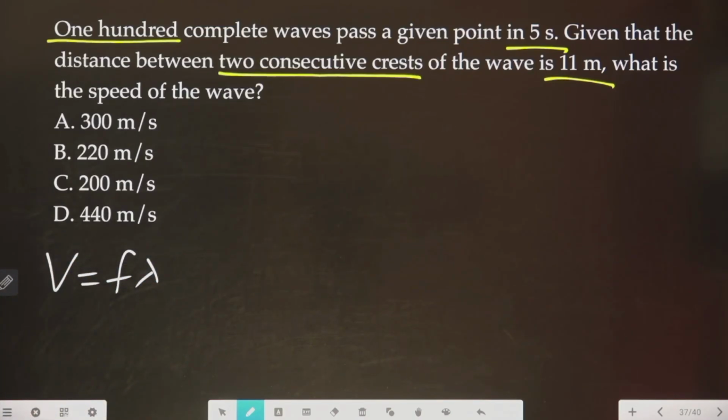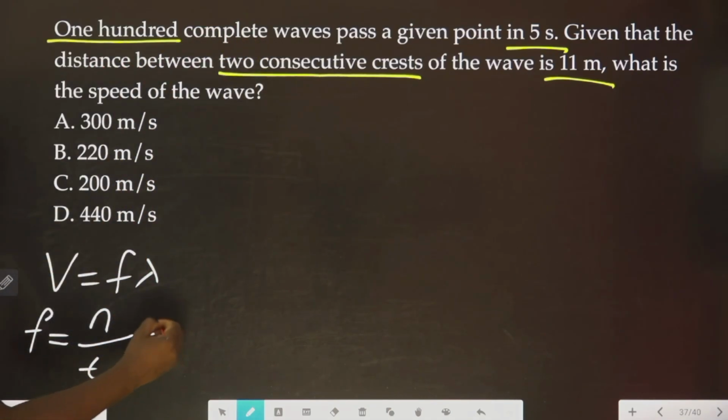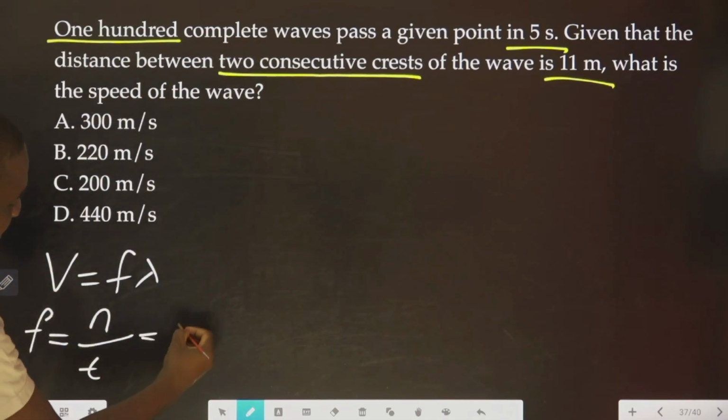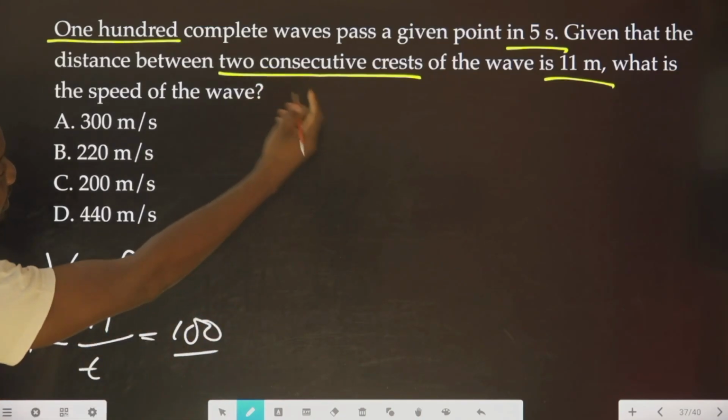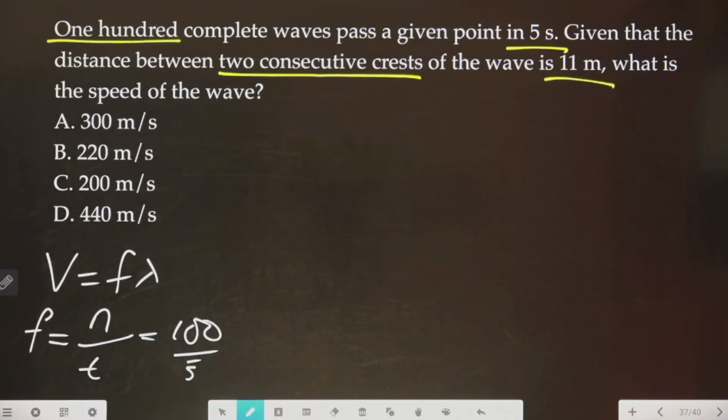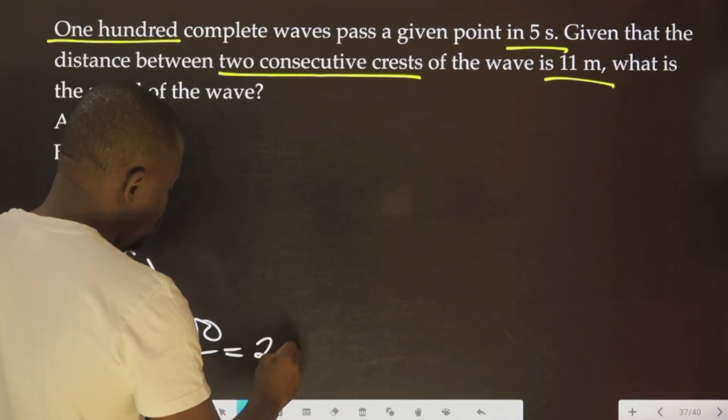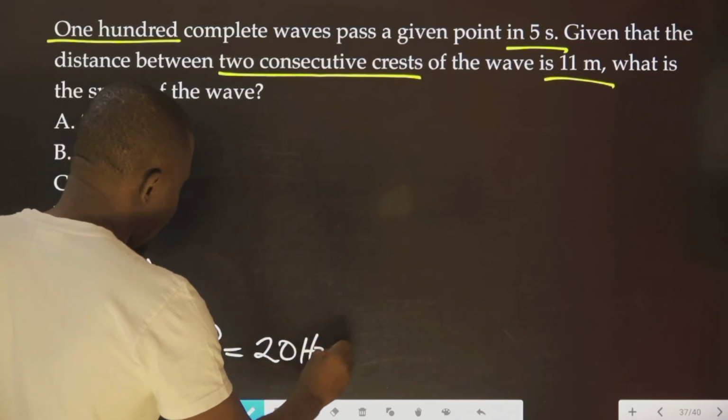Okay? But the first thing now is that what is the frequency? The frequency is equal to the number of waves all over time. How many number? We have 100. How many at the time is 5. And you agree with me, if you divide this, you're going to have 20 Hertz.